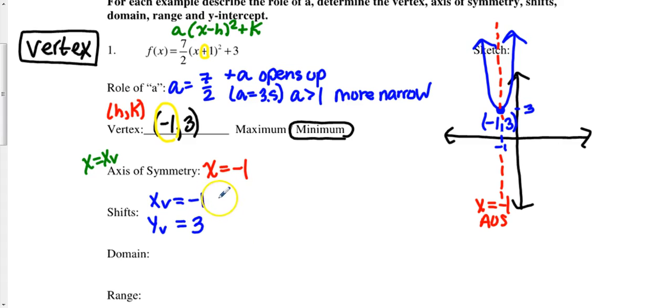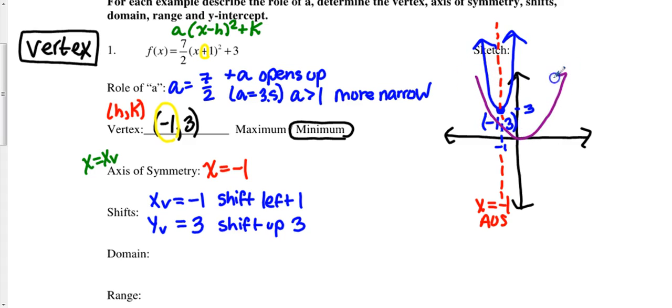For negative 1, I'm hoping we wrote shift left 1, and for the y value 3, shift up 3. Please don't draw this, but I want you to take a look right here. My original y equals x squared is right here.